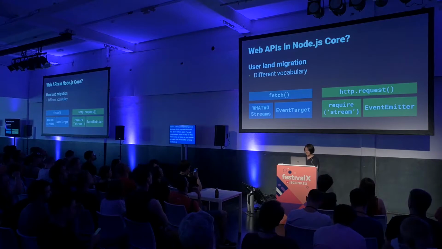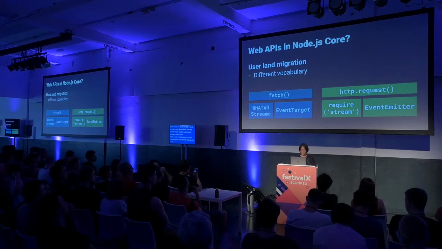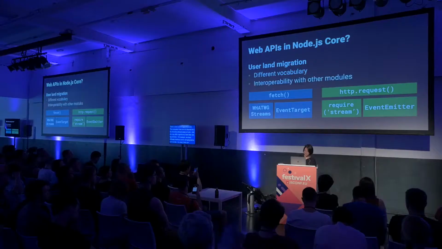There is also another type of concern. The ecosystem has already come to depend on a lot of existing infrastructure in Node, and this may differ significantly from their web equivalents. For example, we have different interfaces to do streaming and to emit events. As usual, there are even more differences in the underlying design of these infrastructures.